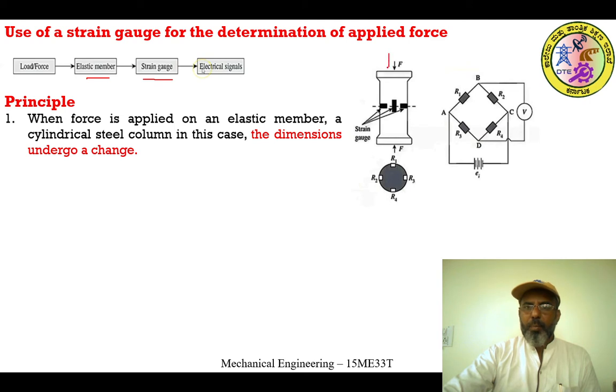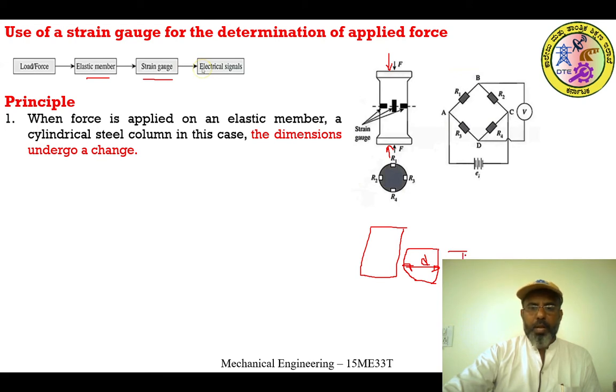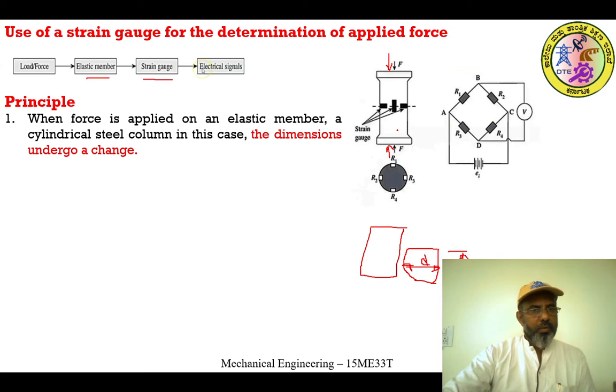When we apply the compressive force, what happens? The length of the column decreases and its diameter increases, so its length gets shorter and its diameter increases compared with the initial size.